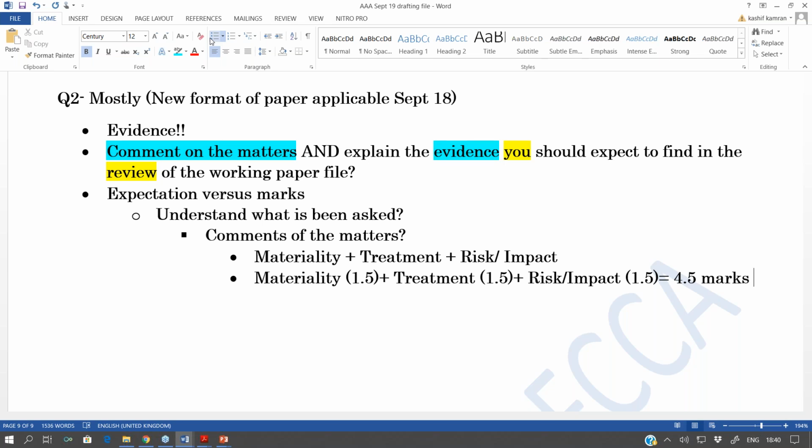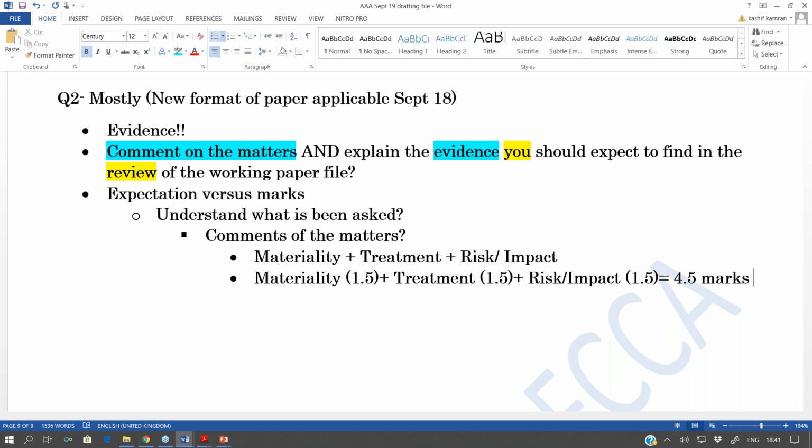So if everyone knows risk of material misstatement, can you easily answer this question in the exam paper, comment on the matters? And the length of the answer will remain the same as we were writing yesterday, though you're getting higher marks, 4.5 marks.